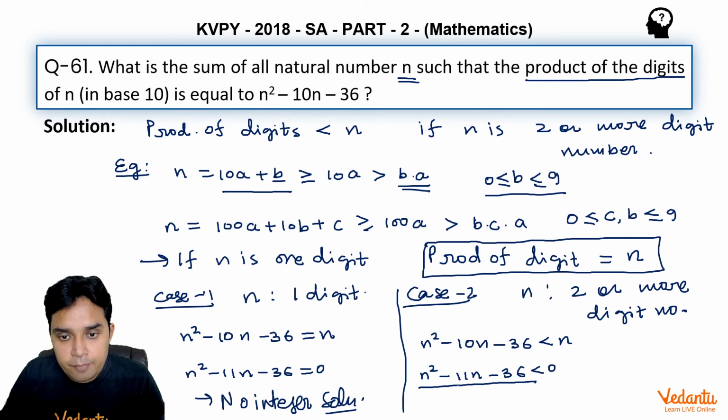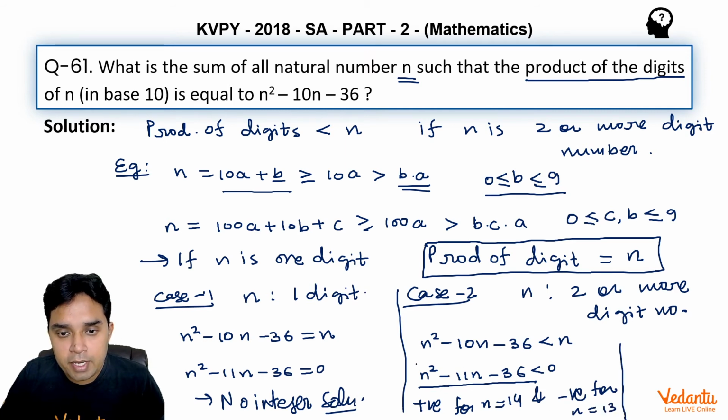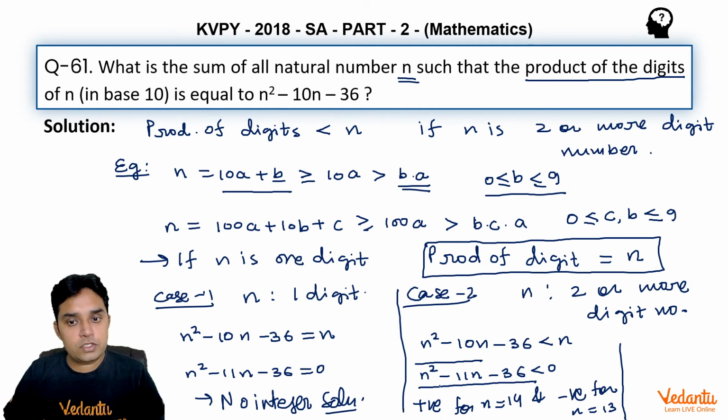We can see this is positive for n equal to 14, and it is negative for n equal to 13. It can be checked very easily. We can take n common from the first two terms, so it will be n into n minus 11. For 14, it becomes 14 into 3, 42 minus 36, so it is positive.